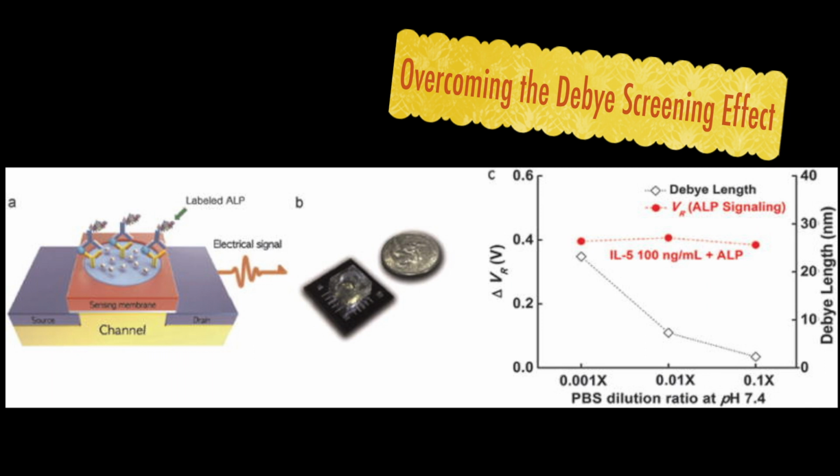The result was a dramatic enhancement of the detection signal and circumvention of the Debye screening issue. Their sensor platform surpassed the sensing capability of the conventional ELISA, which is considered to have a limit of detection on the order of 1 nanogram per milliliter.